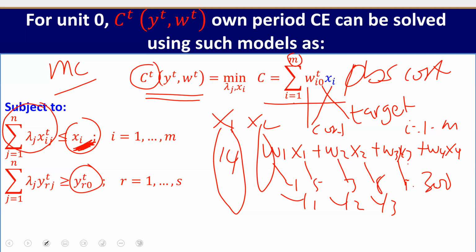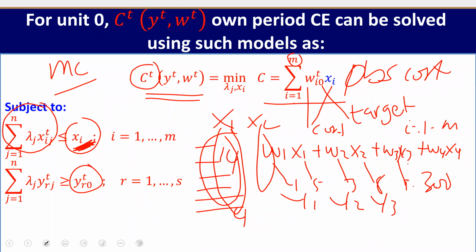Let's say that one of these DMUs, its inputs are 4. Then I do a weighted sum of all these inputs, less than or equal to that input that you are actually considering, which has been minimized already.